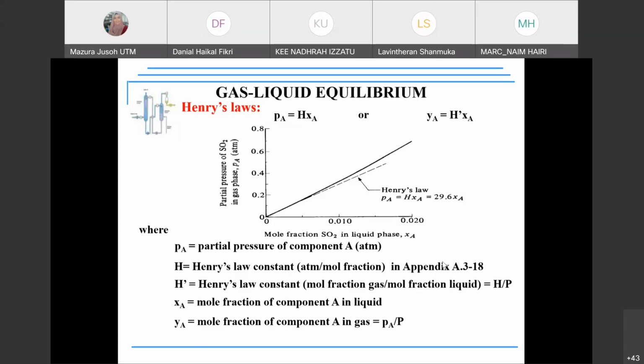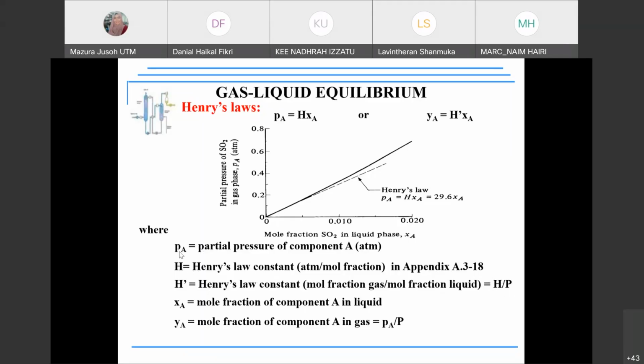If you see appendix A.318 in your textbook, I'll show you how the appendix looks like in an example question. What they derive is the Henry's law constant, tabulated in appendix A.318. But for H prime, you take that H and divide it by the total pressure.